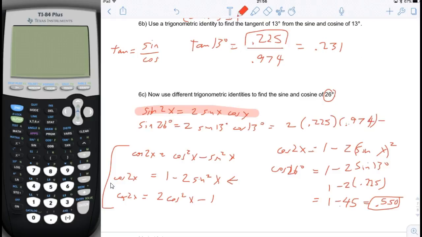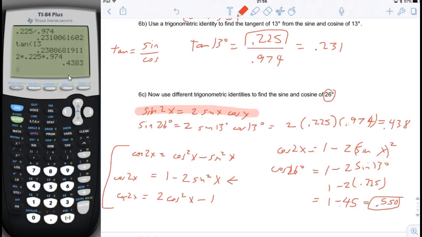So let's figure that out. 2 times 0.225 times 0.974 is 0.4383.